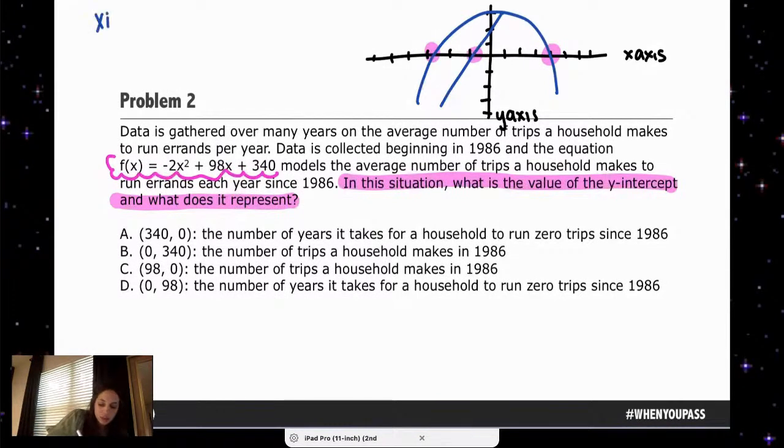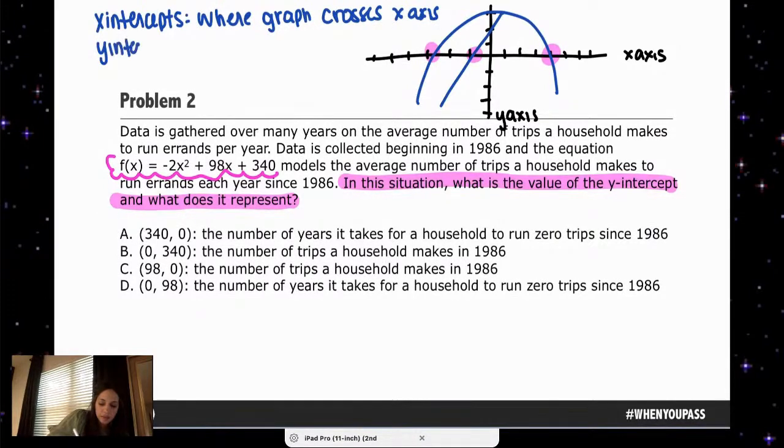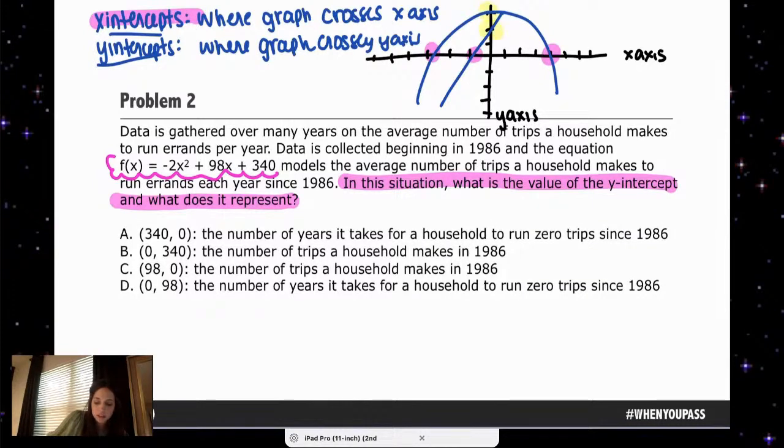So x-intercepts are where the graph crosses the x-axis. And the y-intercepts are where your graph, I'll give you one hint, crosses your y-axis. So my x-intercepts are where my graph crosses my x-axis. My y-intercepts are where my graph crosses my y-axis.